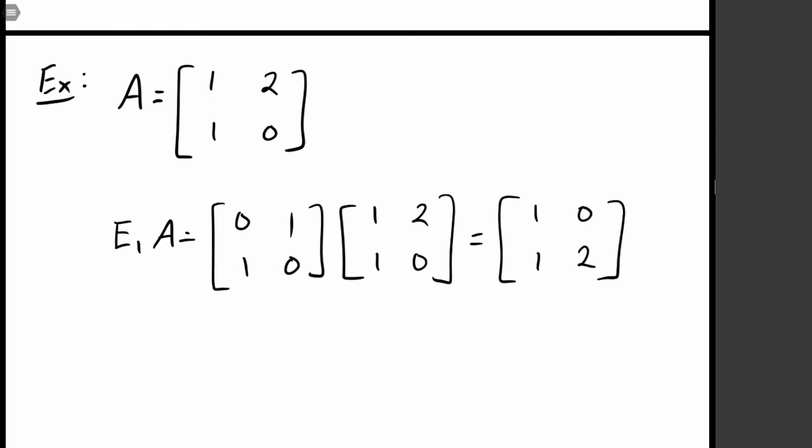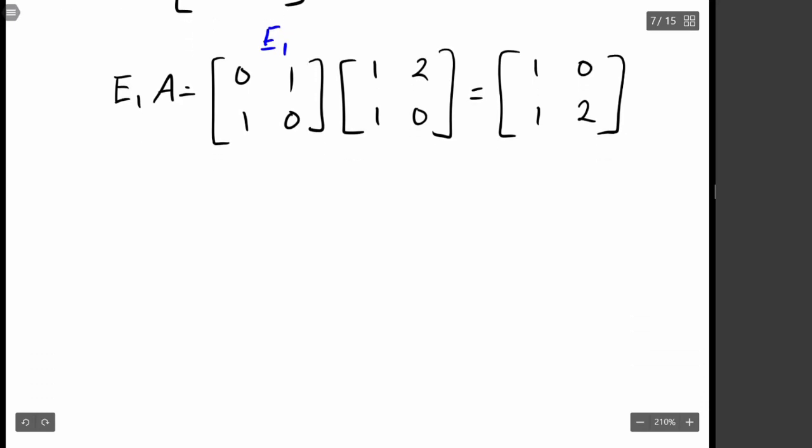This is E1 here. Now, my next step is I want to get rid of this 1, so I'm going to do row 2 minus row 1. So E2 E1A.